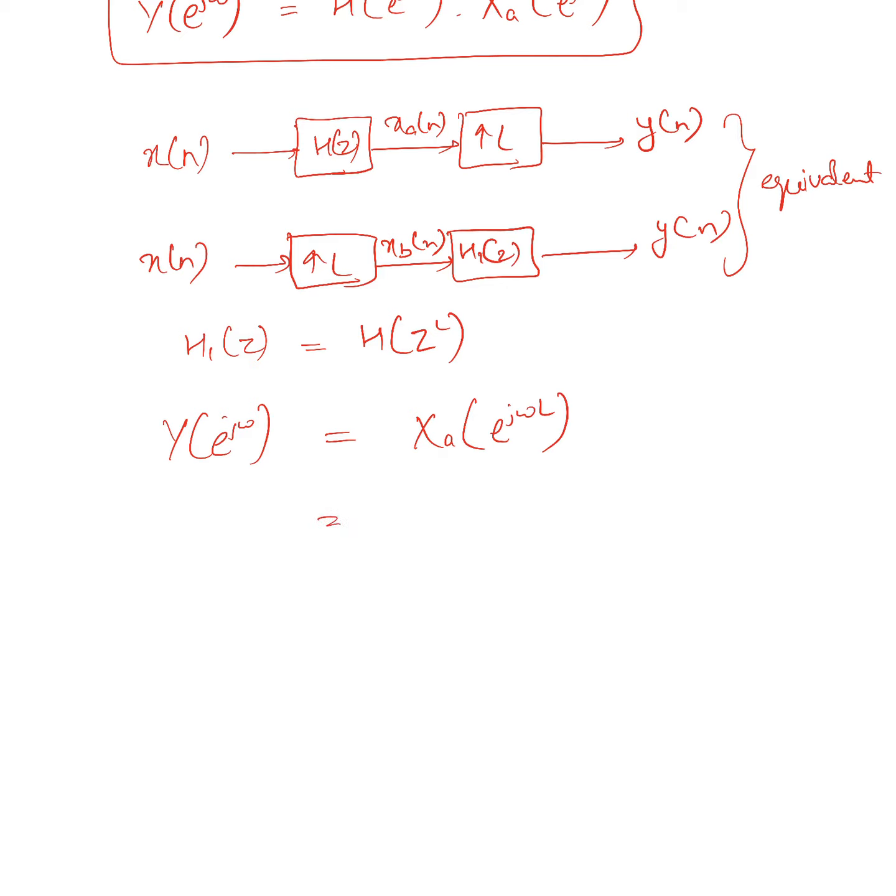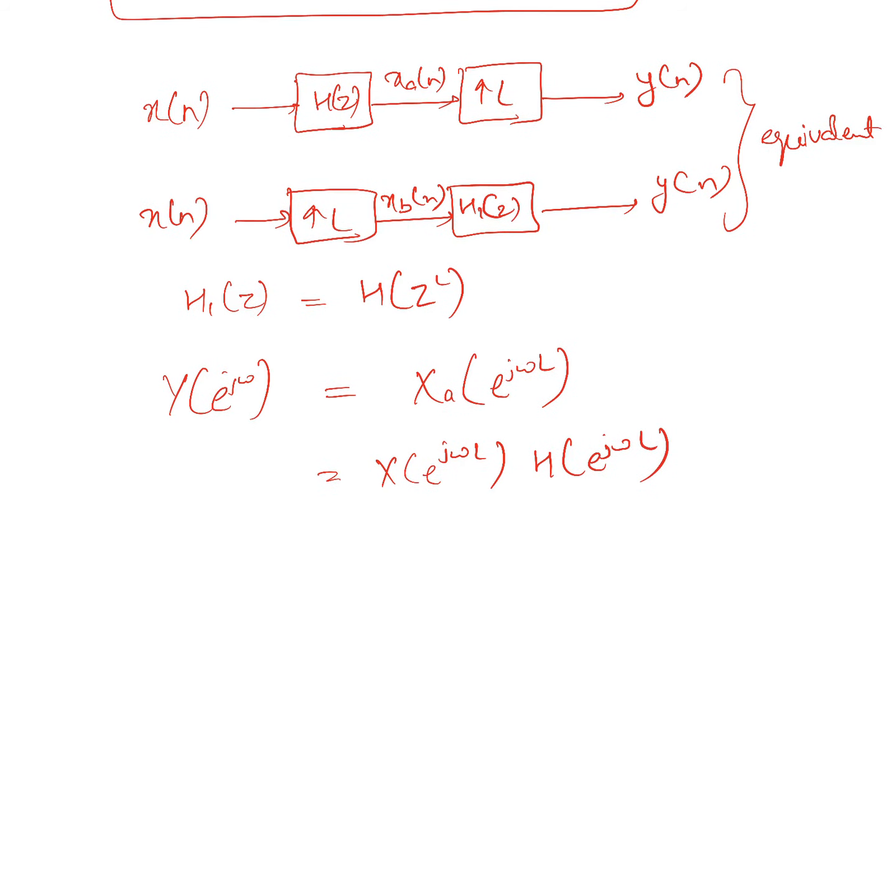And xa of e to the power j omega is basically the multiplication of the frequency domain representations of these two functions. So it is given by x of e to the power j omega L times h of e to the power j omega L.